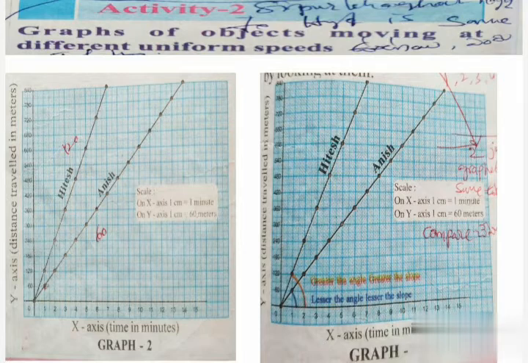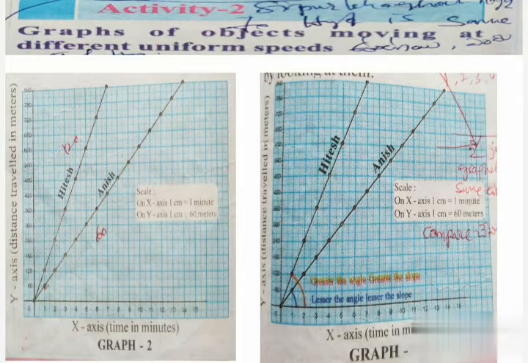Any graph of uniform motion will be a straight line. The faster the speed of a uniform motion, the greater will be the slope of the graph line.